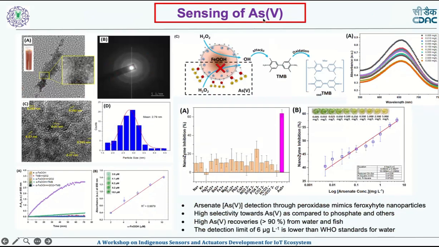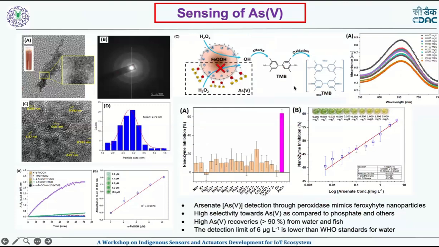The beauty of this iron peroxide is that it can adsorb arsenic 5 on its surface. Whenever arsenic 5 is adsorbed on its surface, it loses its nanozyme activity. So in the absence of arsenic 5, it has nanozyme activity to produce this green color, but in the presence of arsenic 5, it loses its nanozyme activity.